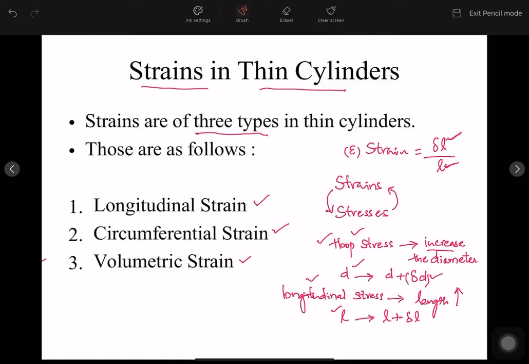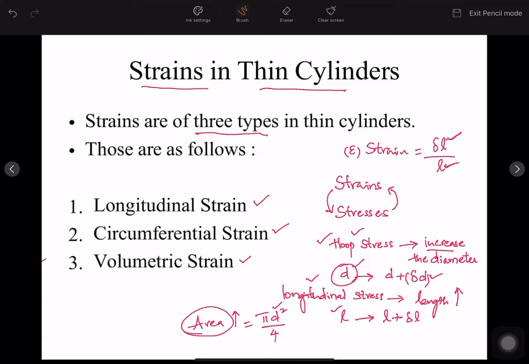If diameter gets increased, area gets increased, right? Because area is pi d square by 4. If d is increasing, total area gets increased.